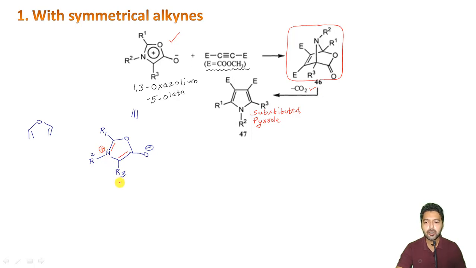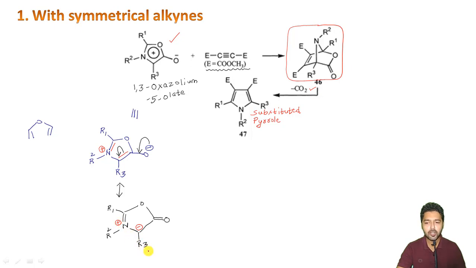And now I can draw the resonating structure for this, and I can simply show it like this, the movement of electrons, such that the second resonating structure will be this: R2 here, single bond, this is my R3, this will now become a single bond, oxygen here, and this will now become a double bond oxygen, and now a negative charge here at this carbon atom bearing this R3 group, and a positive charge here on this nitrogen atom.